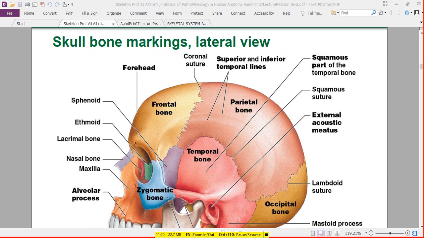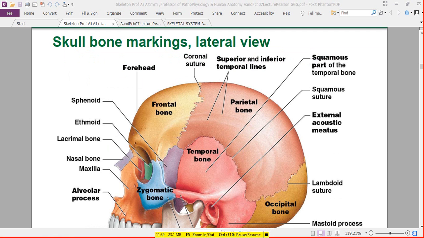And these are the skull bone marking, lateral view. This is the forehead, this is the frontal bone, this is the coronal suture, this is the superior and inferior temporal line.